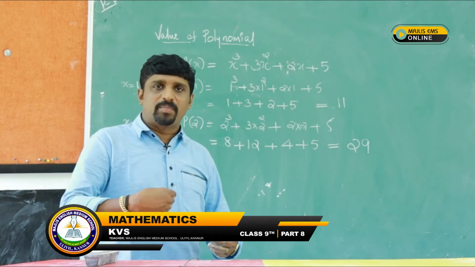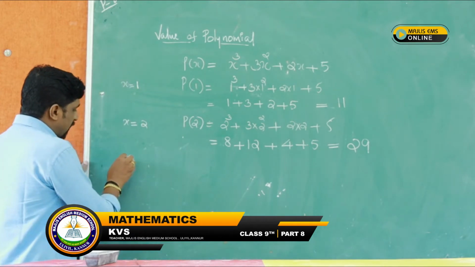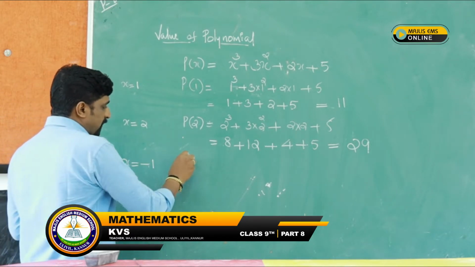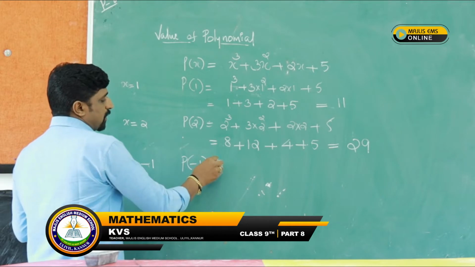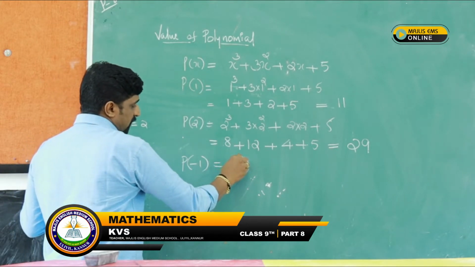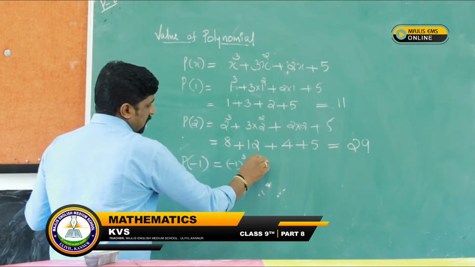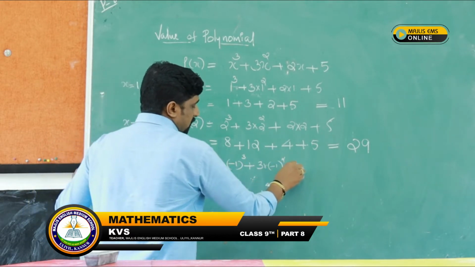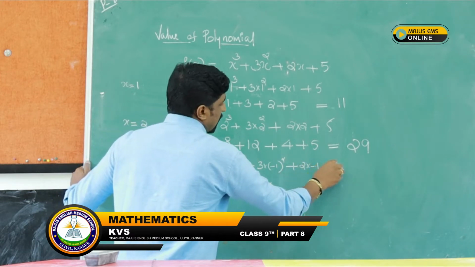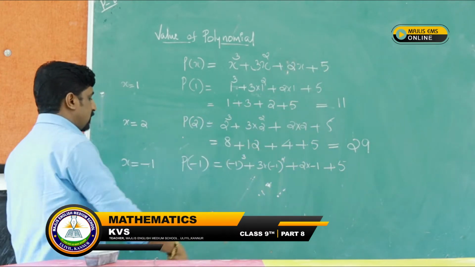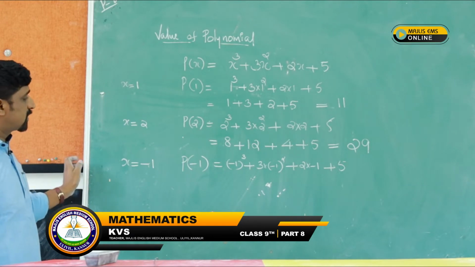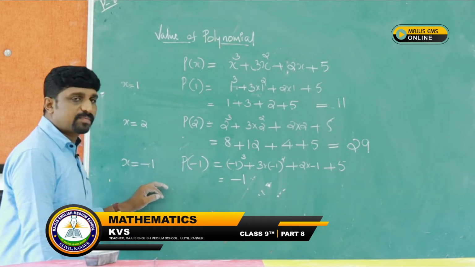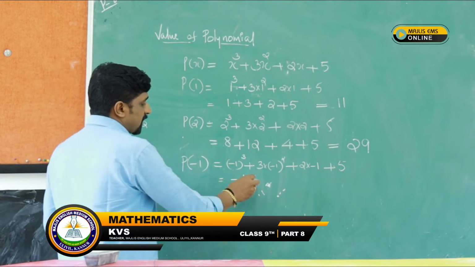We can also find p of minus 1, because I can take x equal to minus 1 also. P of minus 1 means minus 1 cube plus 3 into minus 1 square plus 2 into minus 1 plus 5. Now, minus 1 cube is minus 1 itself.